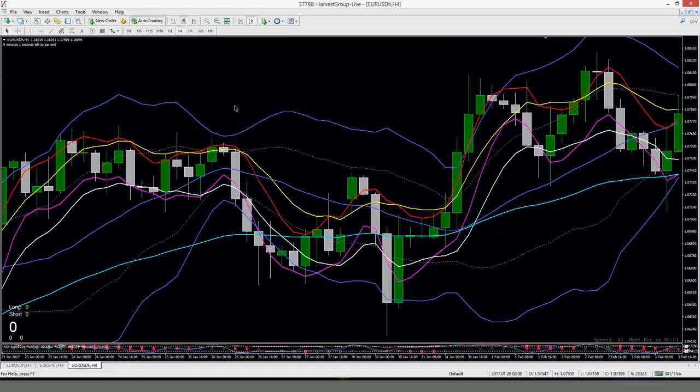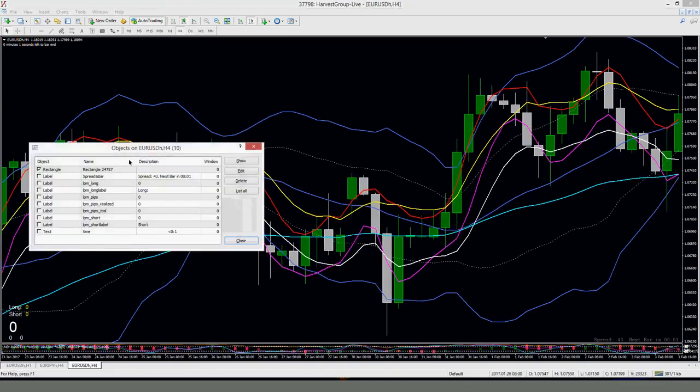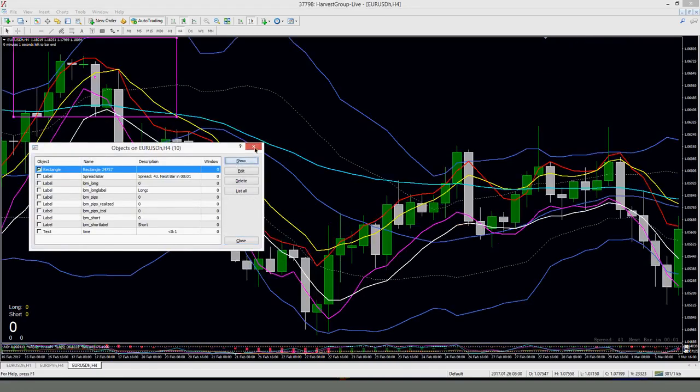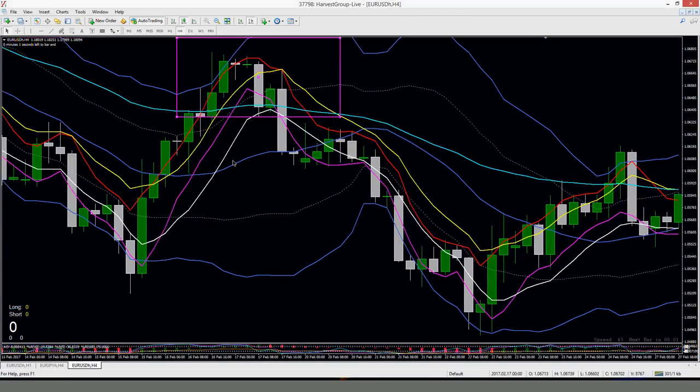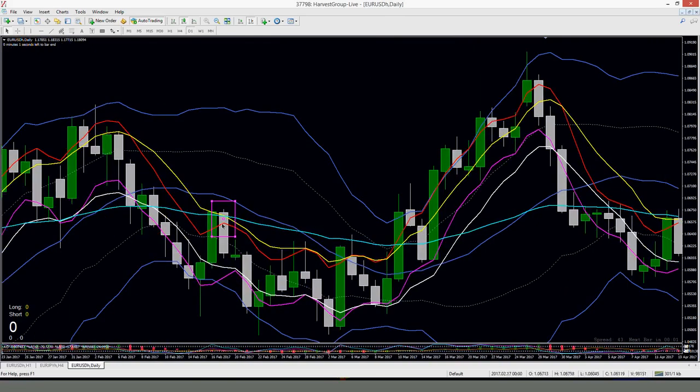However, H4 tells me that there's another story, that this is a re-entry sell on D1. So even though D1 doesn't tell you the story, this is a hidden re-entry, as I categorize it. So if you understand how MA50 works, you will be able to see these hidden re-entries.